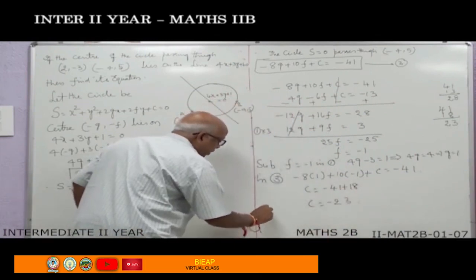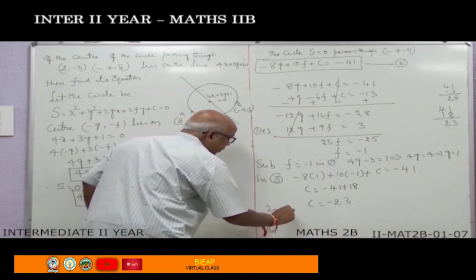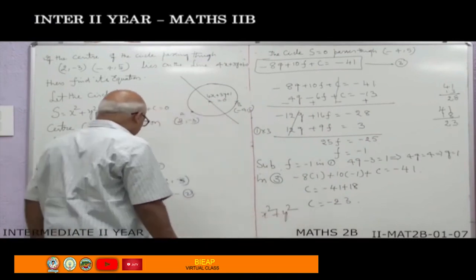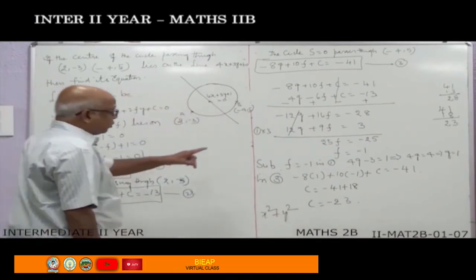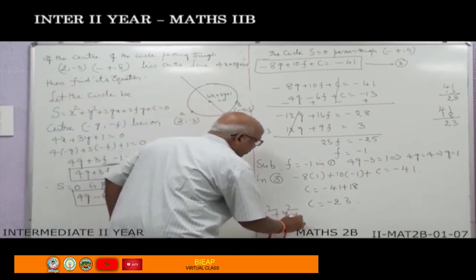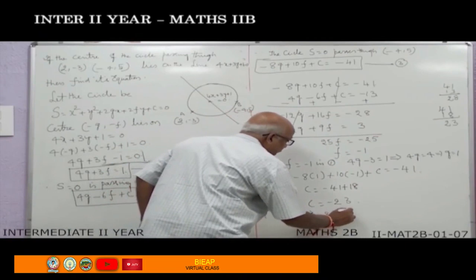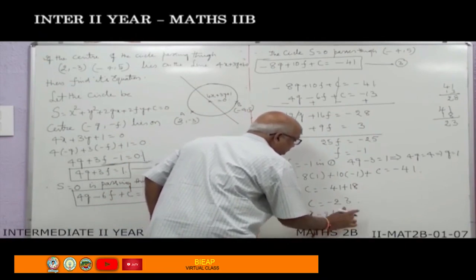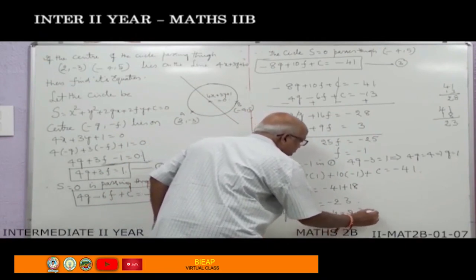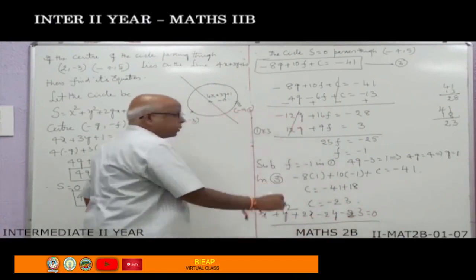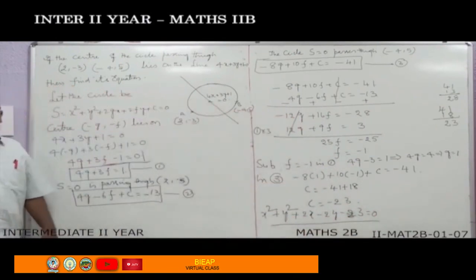Therefore, our equation is x square plus y square plus 2gx, what is g? 1. 2x, 2fy minus 2y minus 23 equal to 0. That is the equation of the required circle.